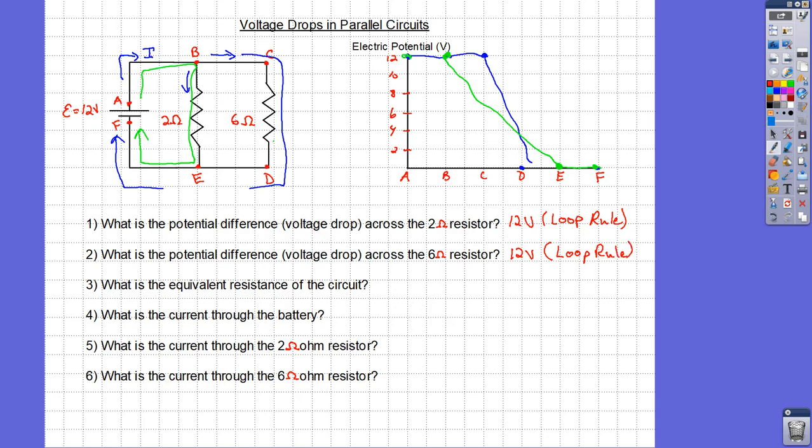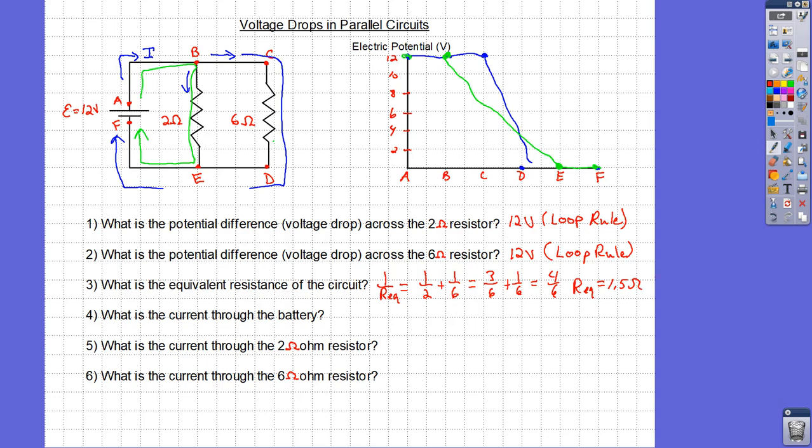The equivalent resistance of the circuit, well, let's figure that out. 1 over Req is equal to 1 over 2 plus 1 over 6. So we're going to have 3 over 6 plus 1 over 6, 4 over 6. So Req is equal to 1.5 ohms.